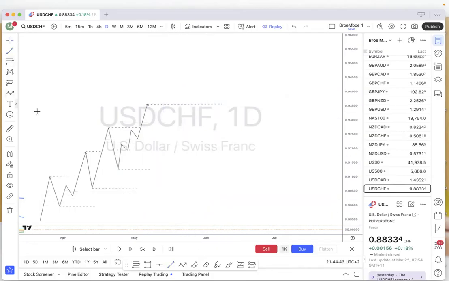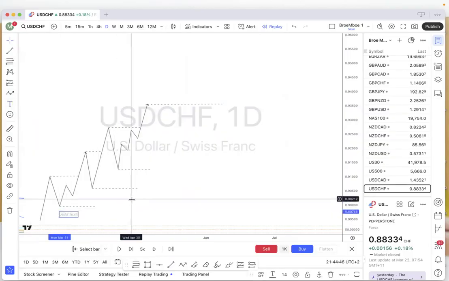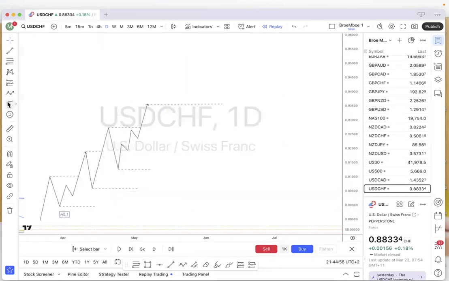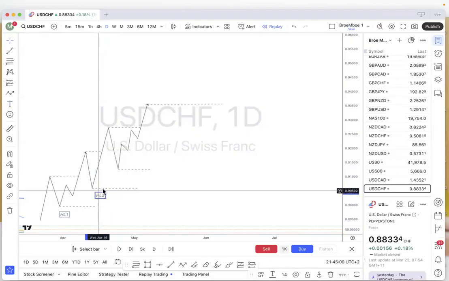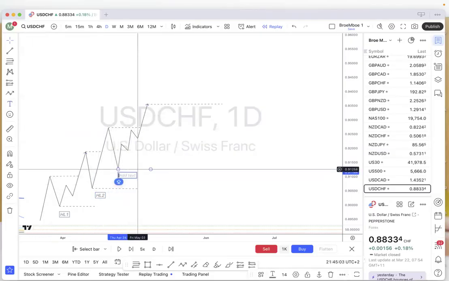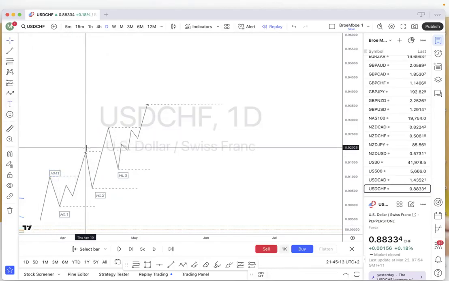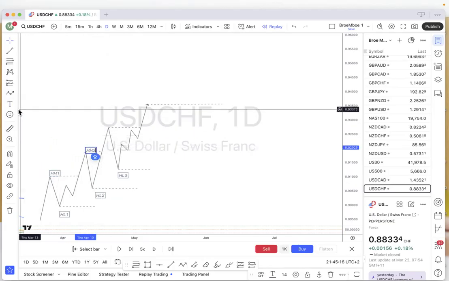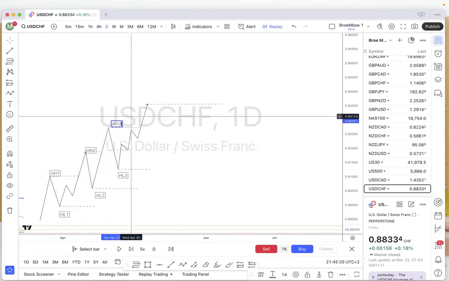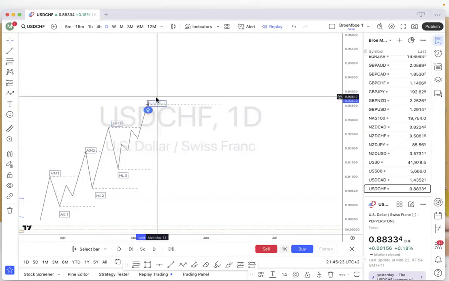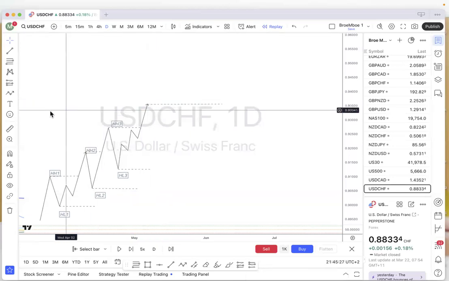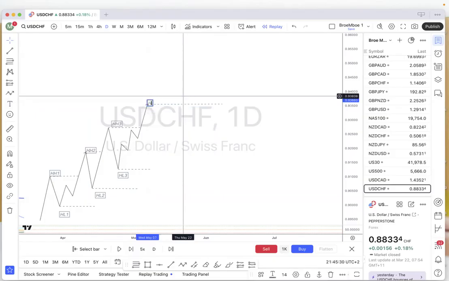So this right here is your higher, maybe let's term it higher low 1 and higher low 2 and higher low 3, and then term this one higher high 1 and higher high 2 and then higher high 3, and lastly higher high 4.